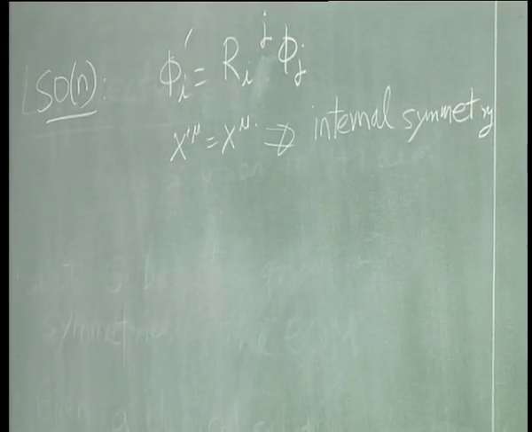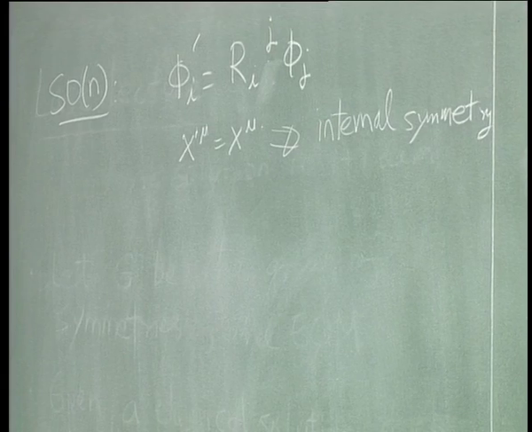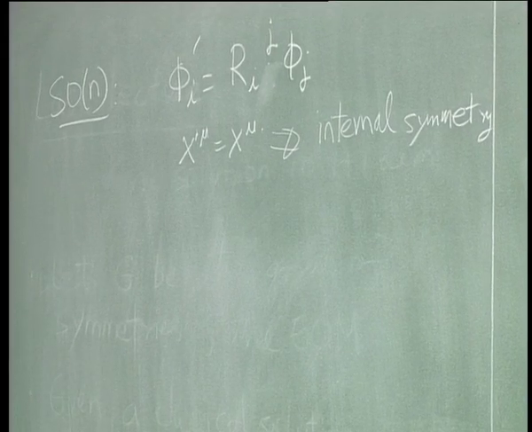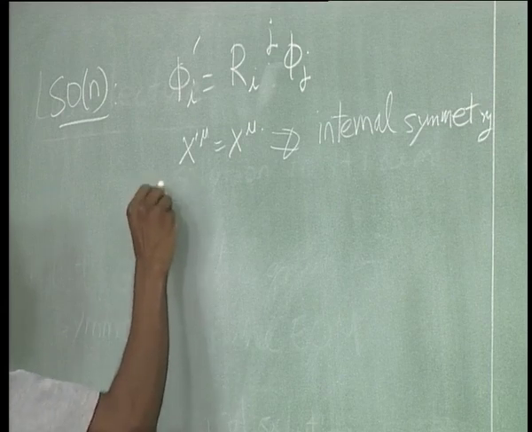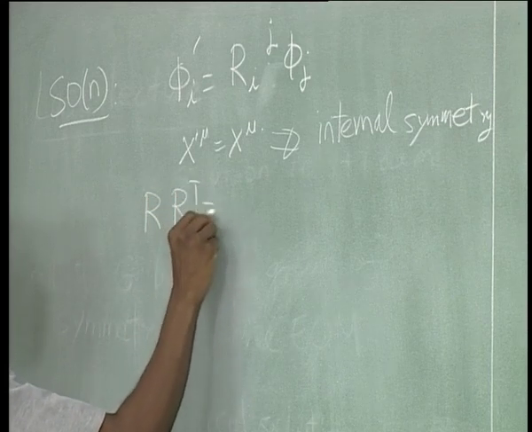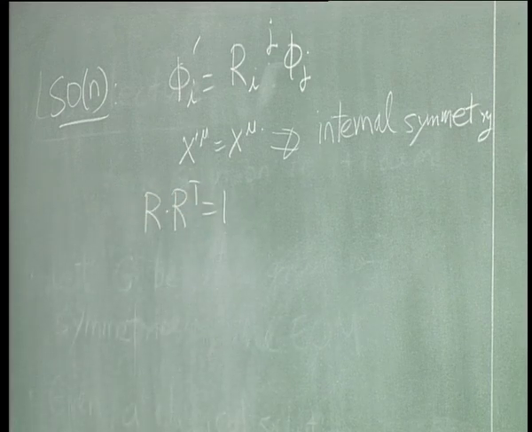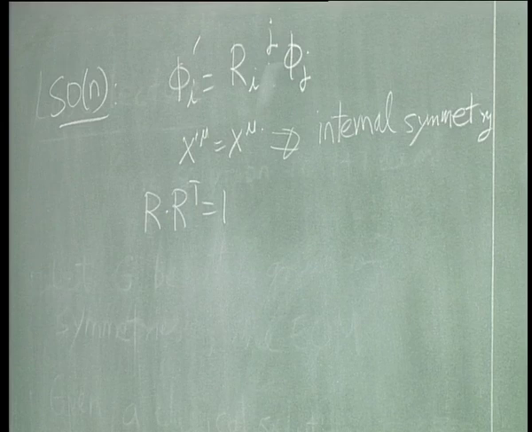That is one which does not act on the space time coordinates. So it only acts in field space. This index I here is an index for the n scalar fields. Okay. And of course R is an n by n matrix satisfying R transpose R equal to 1. In fact, I do not need to put in the determinant condition, but because that is the continuous part of the group, I want to.